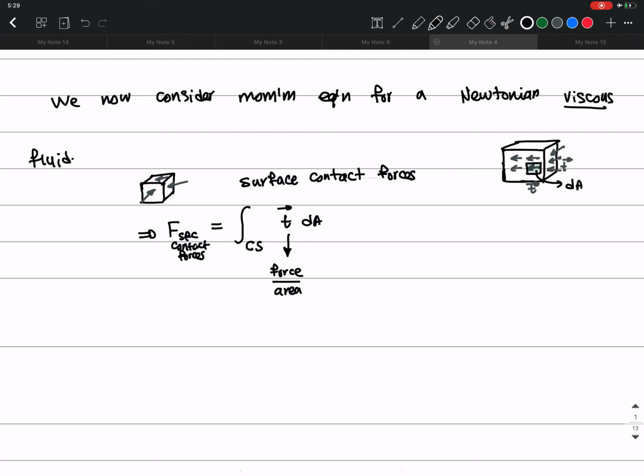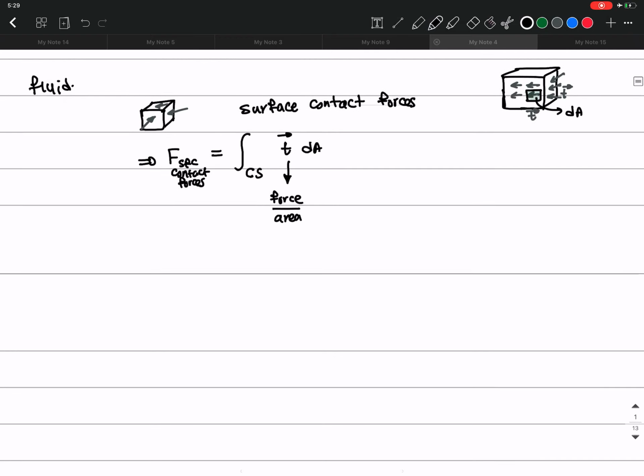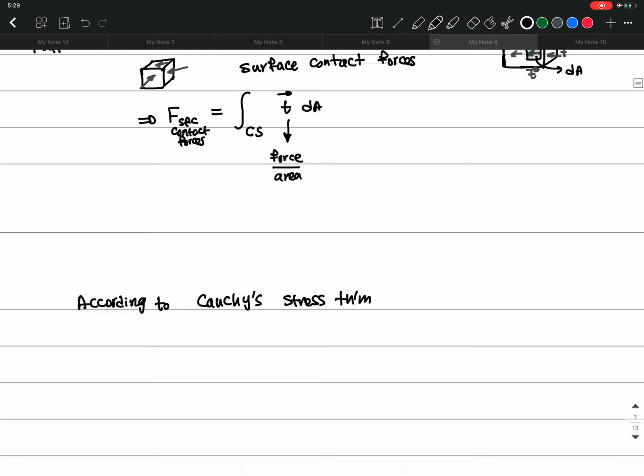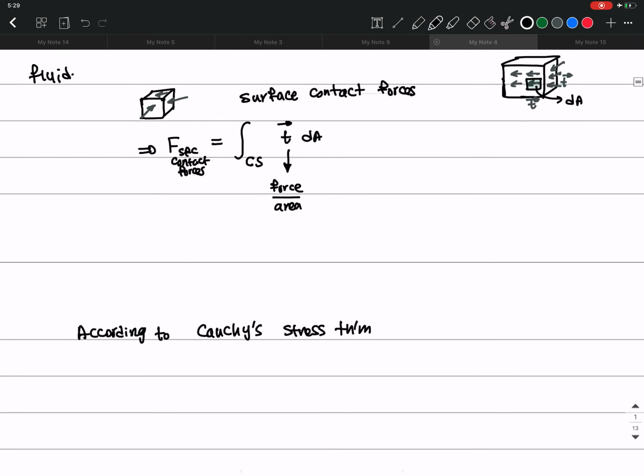But the theorem states that, according to Cauchy's stress theorem, you can relate this stress vector at any point by defining a stress tensor.